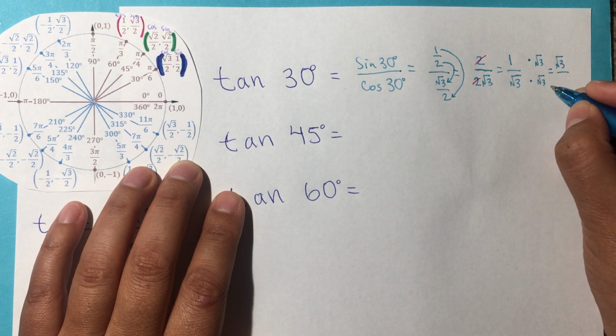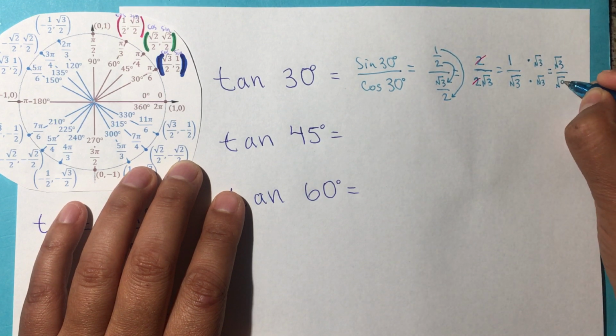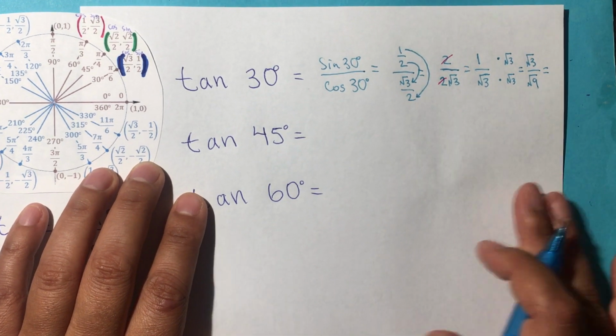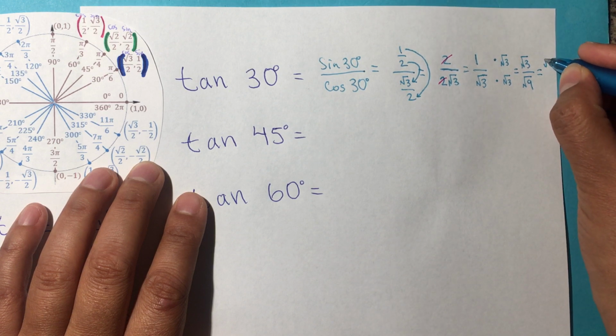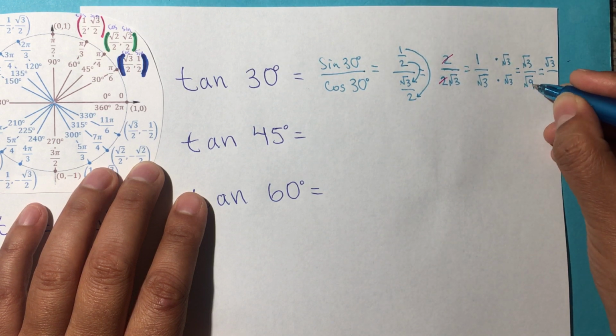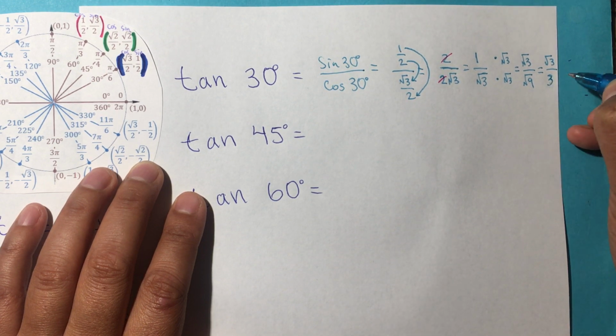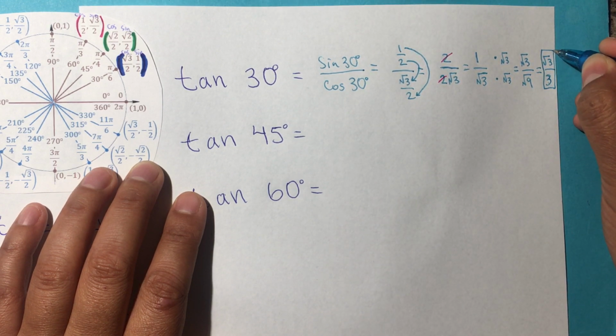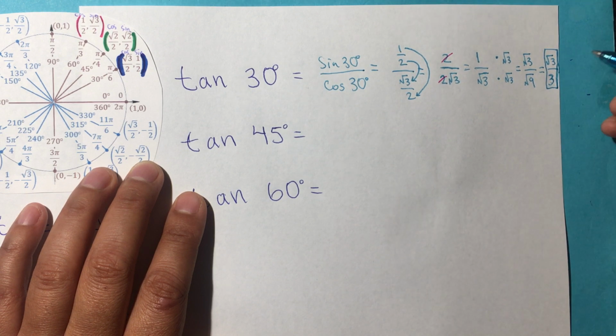Square root of 3 times the square root of 3 is the square root of 9. And on the top, we cannot simplify. It's just square root of 3. But the square root of 9 is 3. Okay, and that will be the answer if they ask you to rationalize.